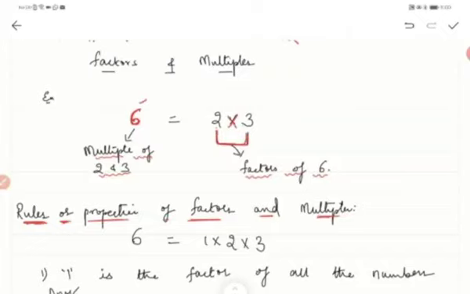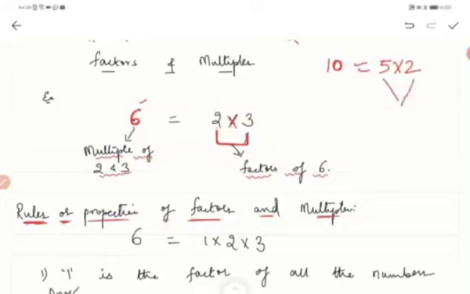And 6 is a multiple of 2 and 3. See, don't get confused. I'll say one more time. Suppose you have 10. This number 10, you can write it as what? 5 twos is 10, isn't it?